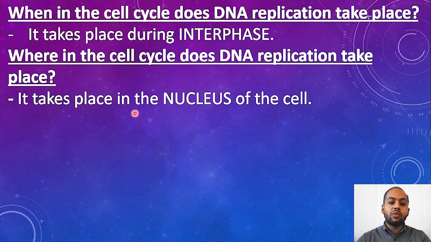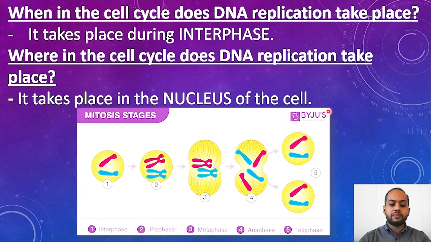The reason DNA replication occurs inside the nucleus is because the majority of our DNA is found inside the nucleus. All you need to know is that DNA replication occurs in interphase of the cell cycle and in the nucleus of the cell.